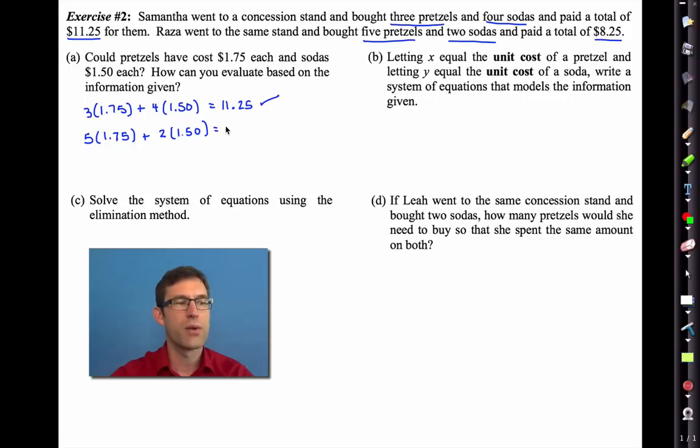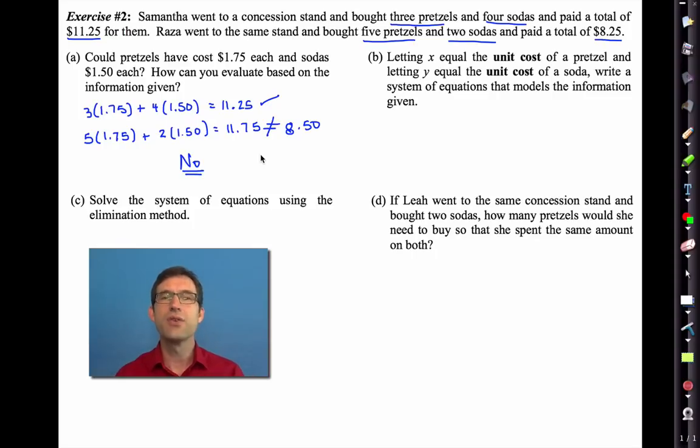We actually find $11.75. All right, but that's not equal to the $8.25 that we know he spent. So the answer there is a big fat no. All right, so fine, fair enough. So that's not the cost of a soda and the cost of a pretzel.